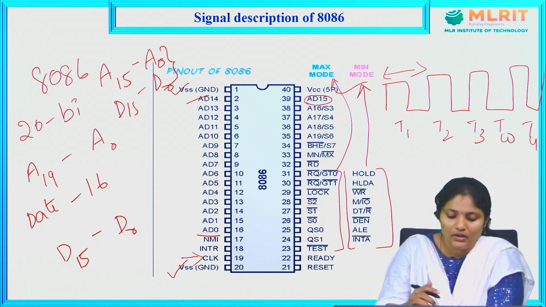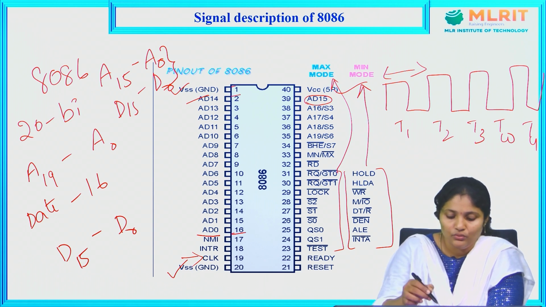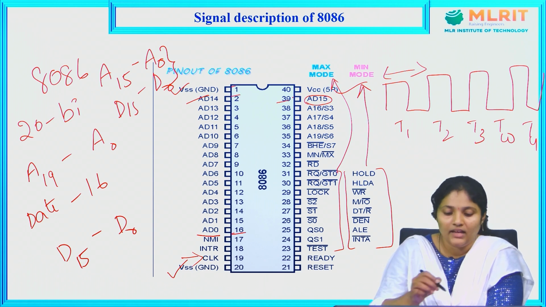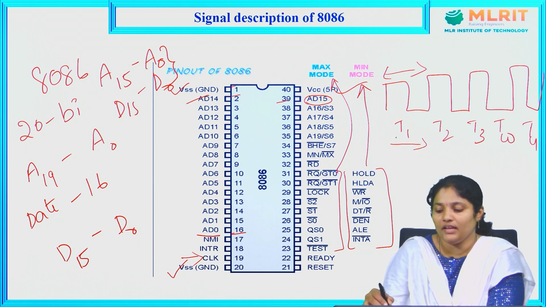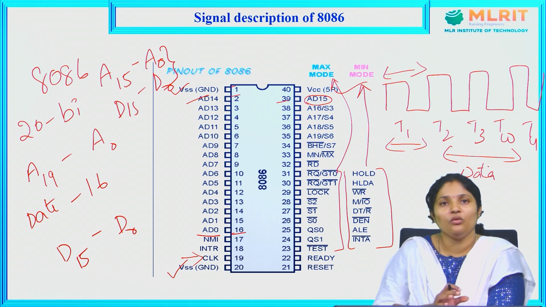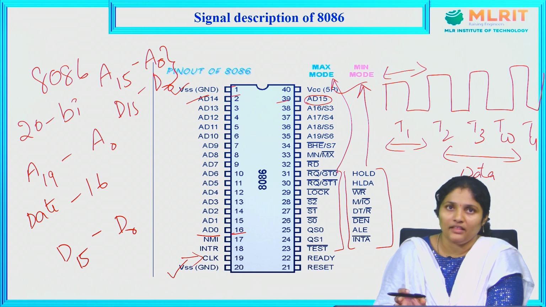These are pin number 2 to pin number 16 and the 39th pin. Out of these address and data pins, the address is only present in the T1 clock cycle, and the remaining cycles have data.